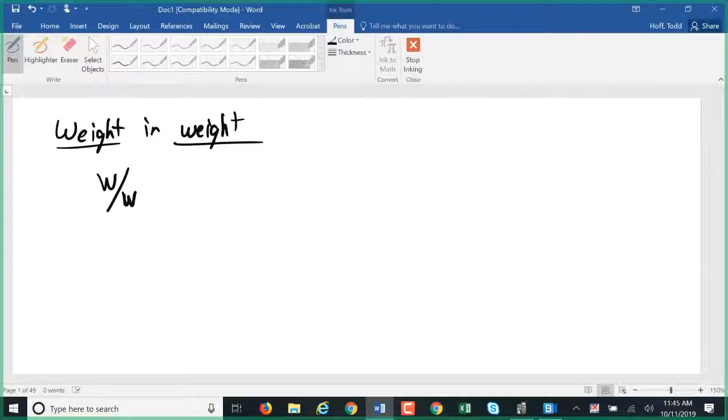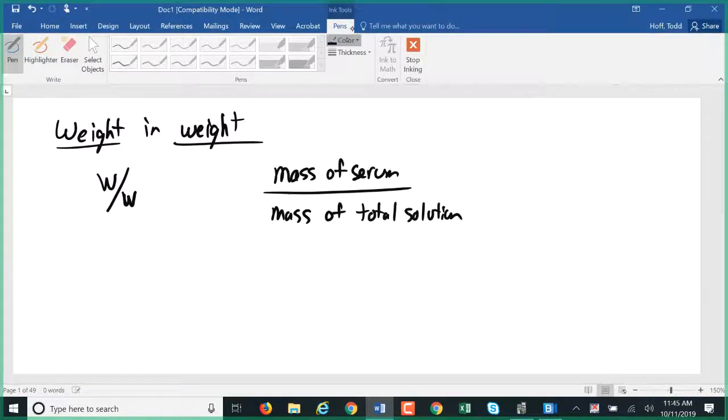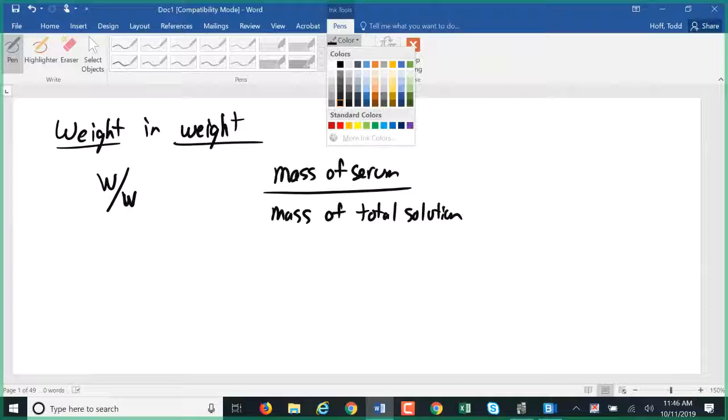So in a mass and mass concentration, it is the mass, or the weight, of the serum over the mass or the weight of the total solution. Mass is always additive. If I add 20 milligrams of something to 40 milligrams of another substance, I will always get 60 milligrams total, period.